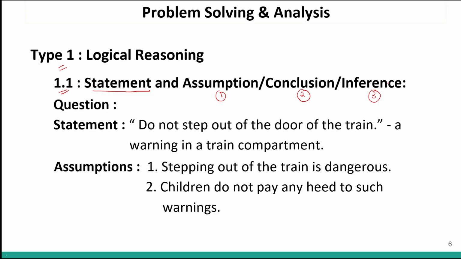So, for this, let us take an example. This is a statement I'm writing, okay? So, I'm giving you an example statement. Once you understand this example, then we will solve this question. Okay.